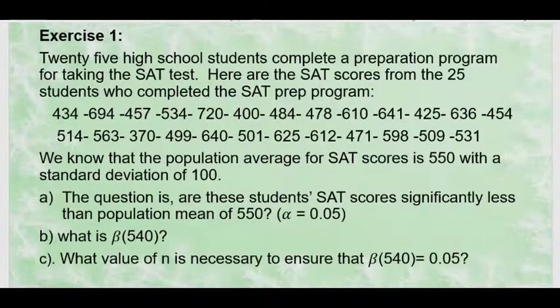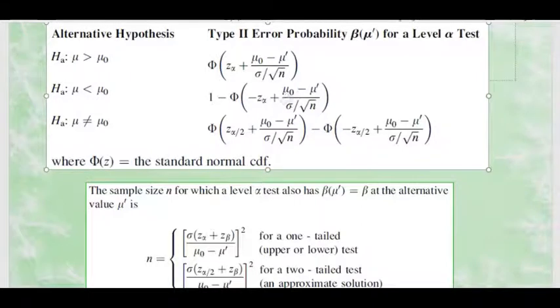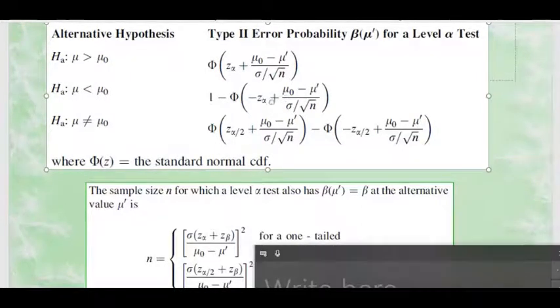In part B, what is the type 2 error for mu prime equal to 540? So if you look at the formula for type 2 errors, you can see that we have a left tail test, so we need to obtain these values by using this formula or equation.